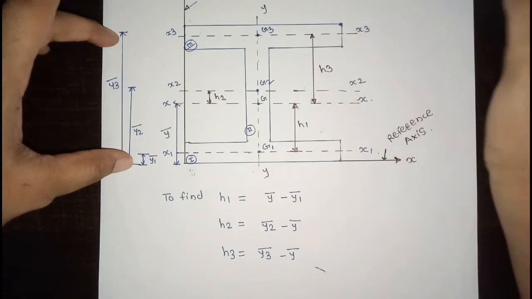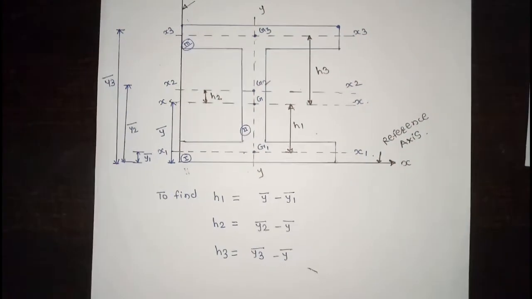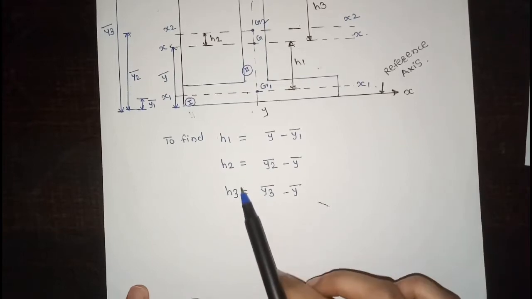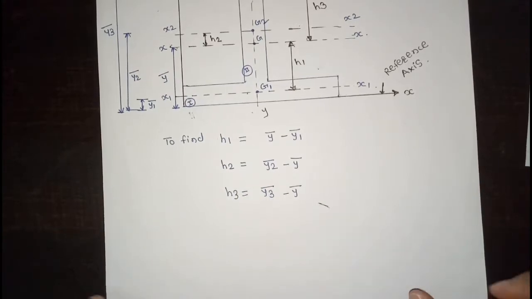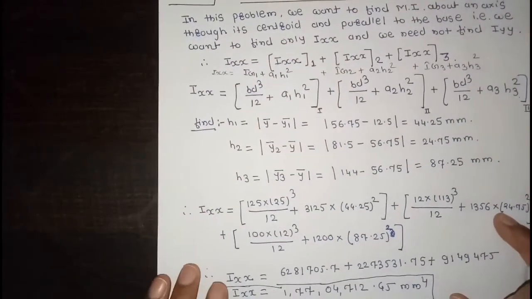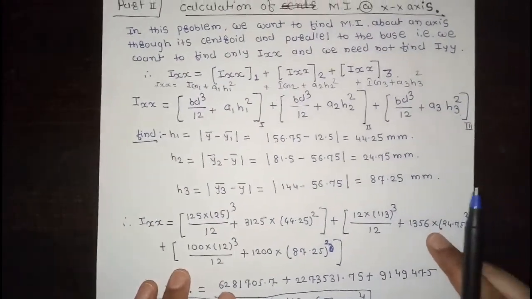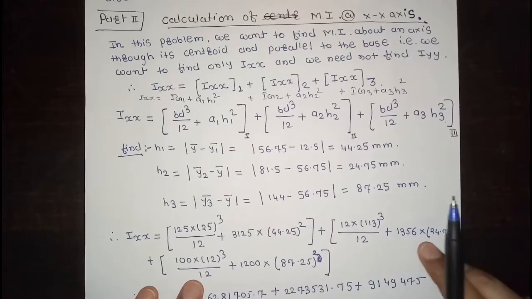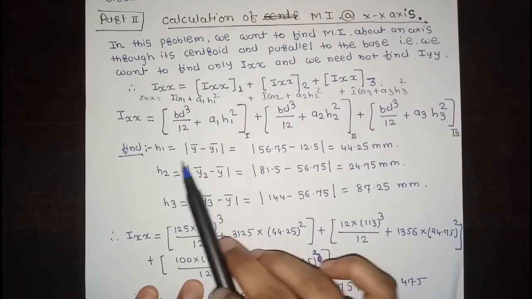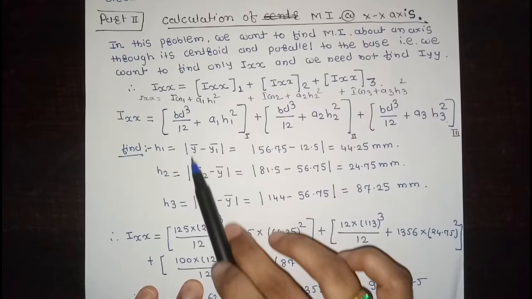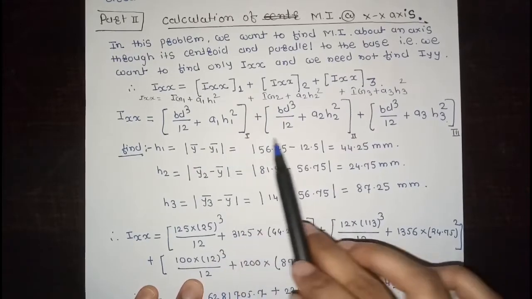Okay, this is the formula for H1, H2 and H3. So first of all find out H1. H1 is the mod of y bar minus y1 bar.